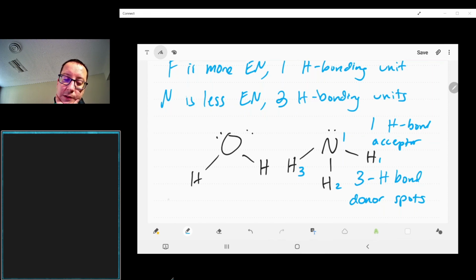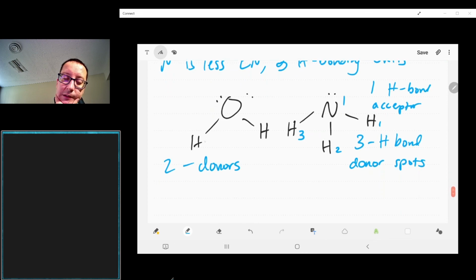Water, though, has 2 donors, 2 hydrogens to donate, and it also has 2 places it can accept 2 hydrogen bonds. So we can have 1 and 2 there.